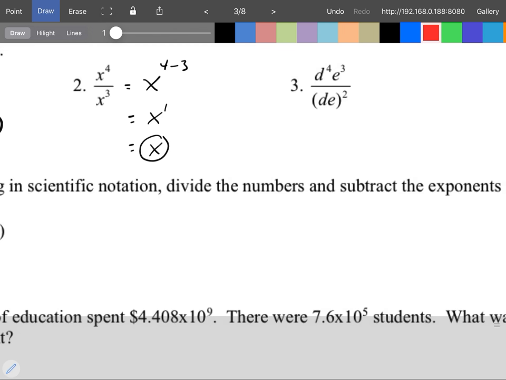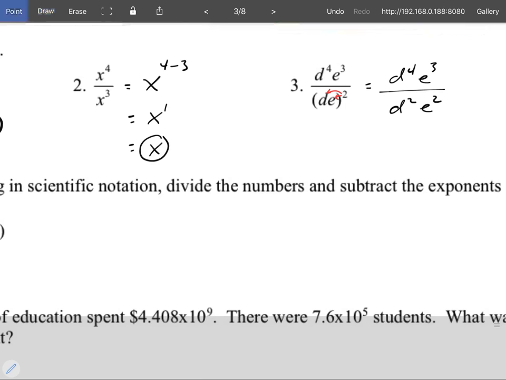That 2nd power in the denominator is a product to a power, so this exponent would have to go on the D and on the E. So then this one would become D to the 4th E cubed in the numerator over, and then if I apply that exponent of 2 in the denominator, that would give me a D squared and an E squared. Well, now you're going to apply today's rule for the d's.